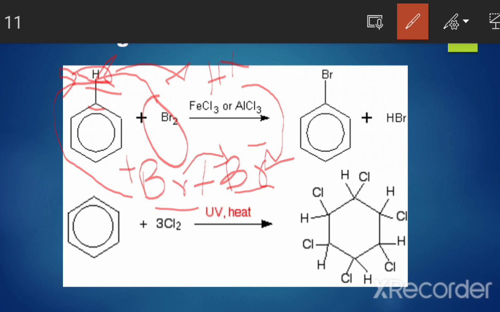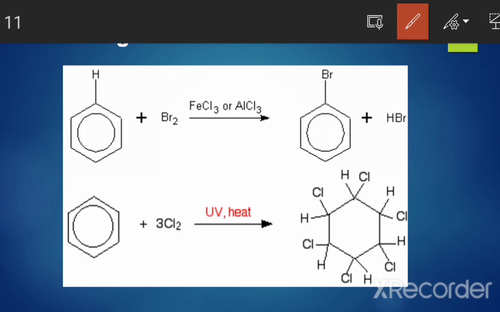So this is the process that bromine will react with a hydrogen of the benzene and replace it, and this hydrogen proton, hydrogen positive ion, will form the bond with bromine and is converted into hydrogen bromide.